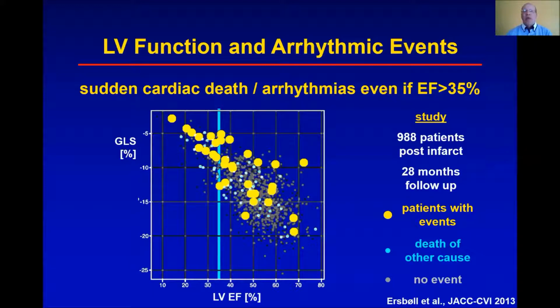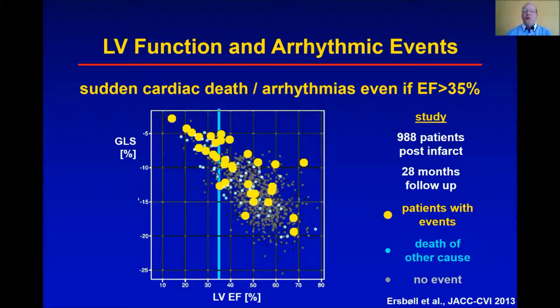We have guidelines that recommend that those patients should get an ICD, especially if the left ventricular ejection fraction is low, below 35%. But when we look at big studies like this one, almost 1,000 patients, this ejection fraction threshold of 35% is basically telling nothing. Patients above and below 35% get sudden cardiac death or lethal arrhythmias.